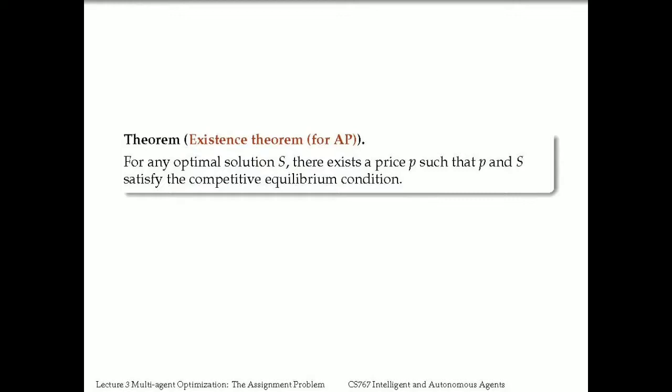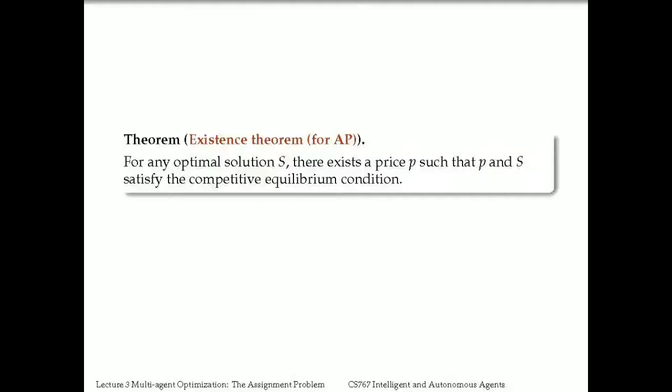So the first question has a positive answer. For any optimal solution, there exists a price such that together with the price, this optimal solution S will satisfy the competitive equilibrium condition. This can be quite intuitive to see, but I'm not going to prove it.